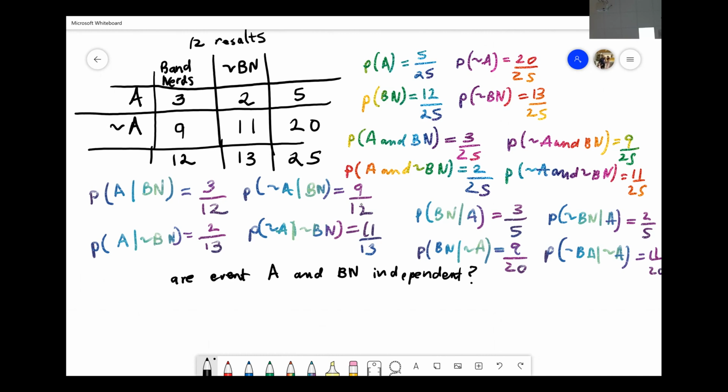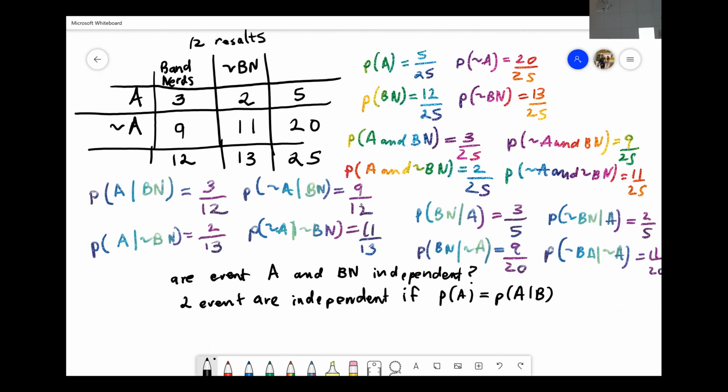The rule says 2 events are independent if the probability of the event equals the probability of the conditional. So let's go ahead and look at it.